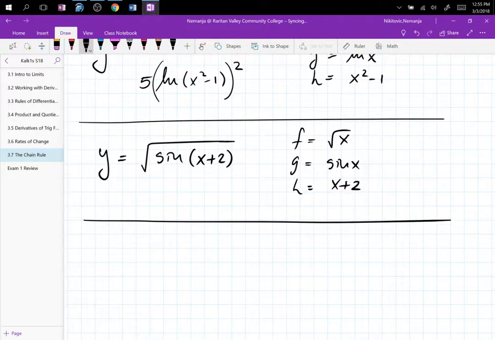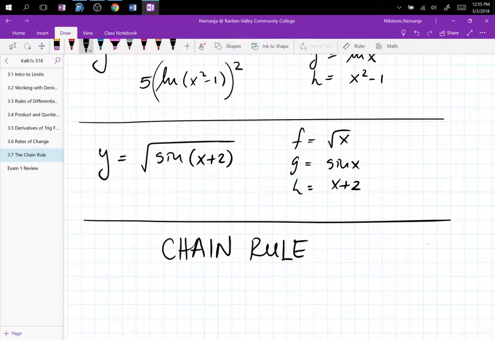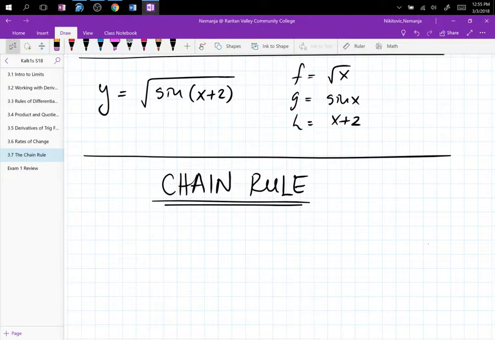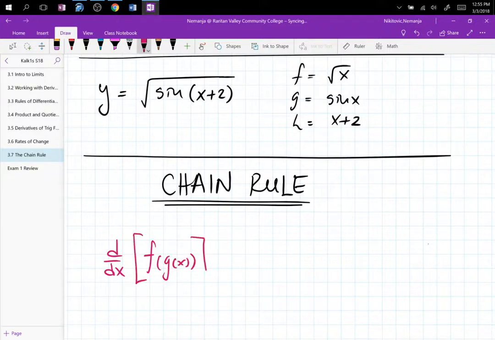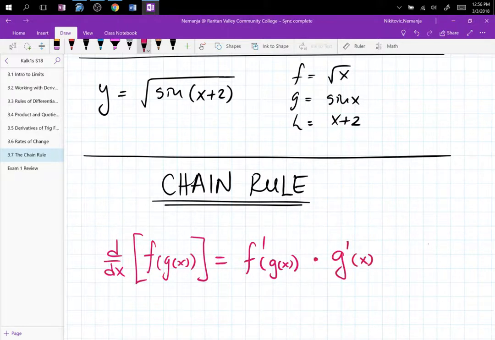Ready for chain rule? Yes. So the way to take the chain rule is: the derivative of function composition is you take the derivative of the outer function with g still plugged in, times the derivative of the inner function.